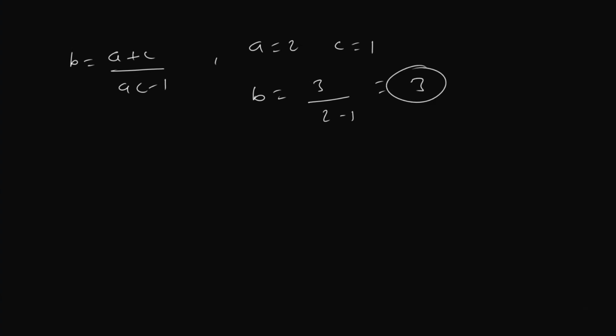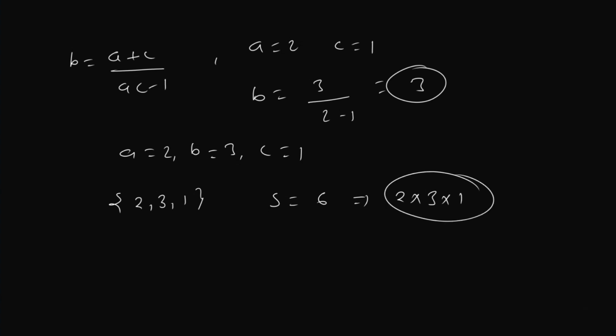So yes, we got a good combination where a equals 2, b equals 3 and c equals 1. When we have these three numbers, the sum is 6 and it is divisible by all the elements, so this is valid.